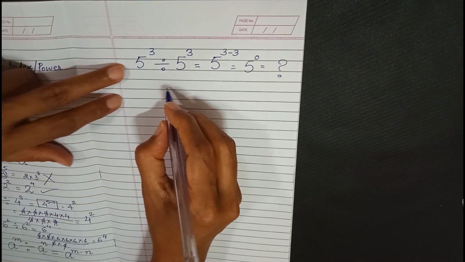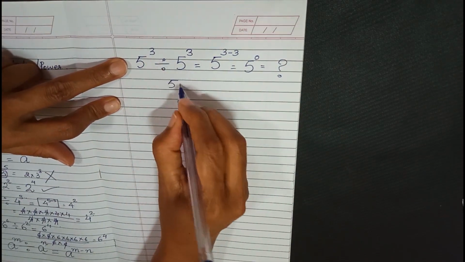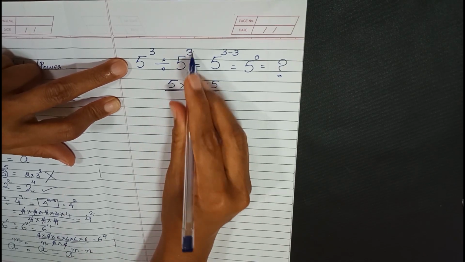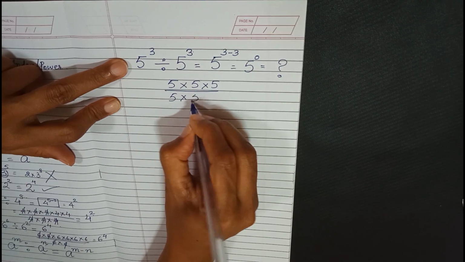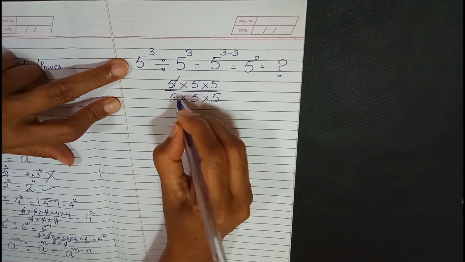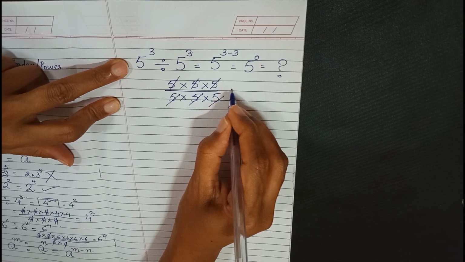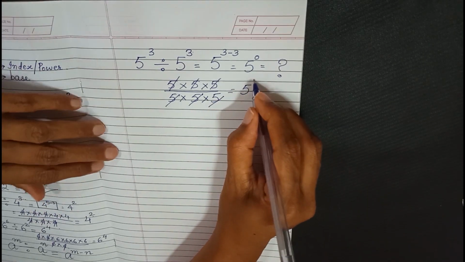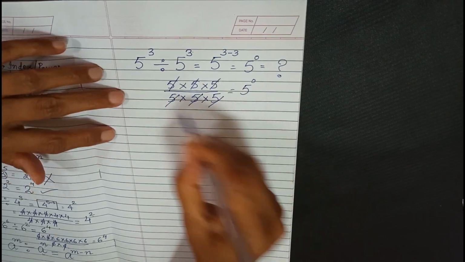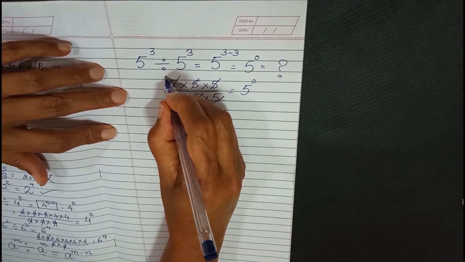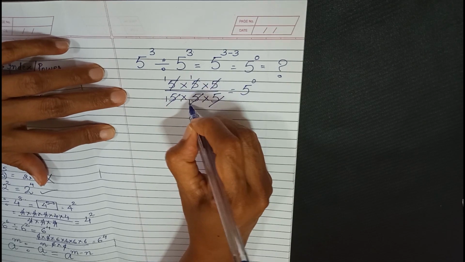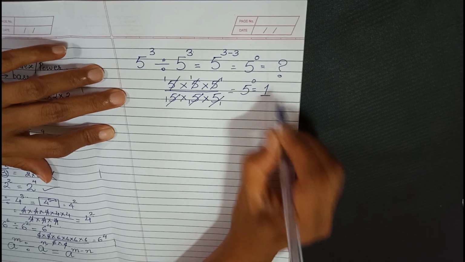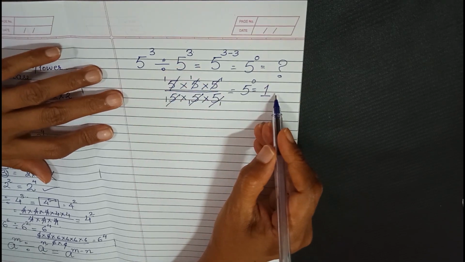So let us divide and see. 5 raised to 3 means 5 three times, divided by again 5 raised to 3. You can see here all the 5s are getting cancelled, and what I get is 5 raised to 0, since no 5 is remaining. But you know when we cancel up and down, what remains is 1. That means this should be equal to 1, because everything had got cancelled and 1 remains.